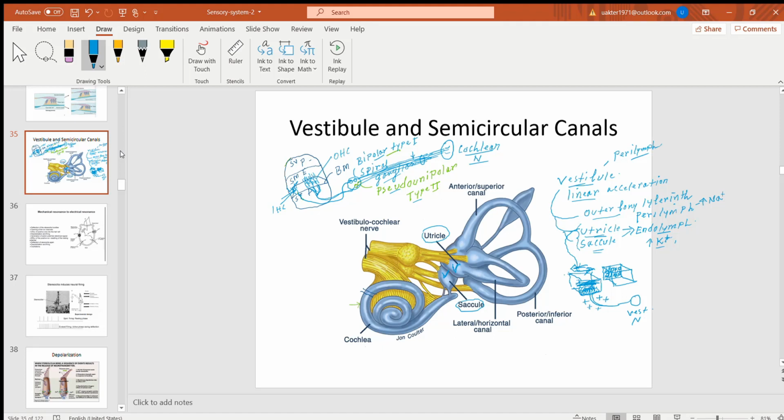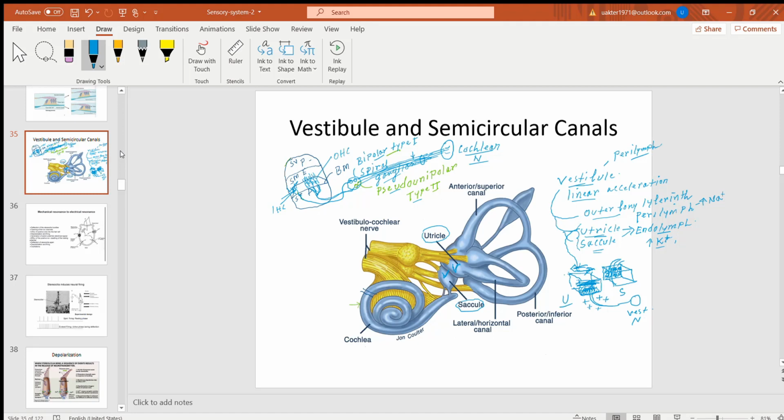Now think that if you move up and down vertically, what will happen? Since the hairs are sticking out forward or outwards, these hairs will bend, and that will activate the hair cells in the saccule. So this is saccule, this is utricle.